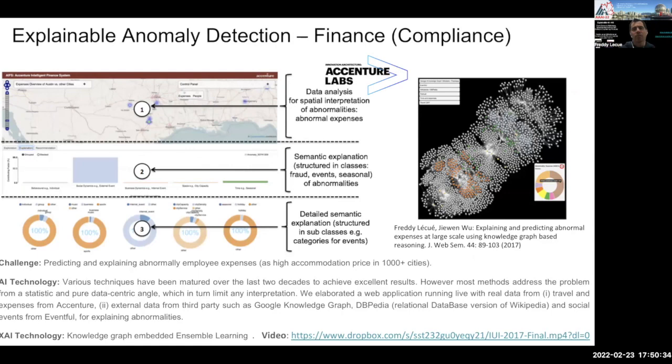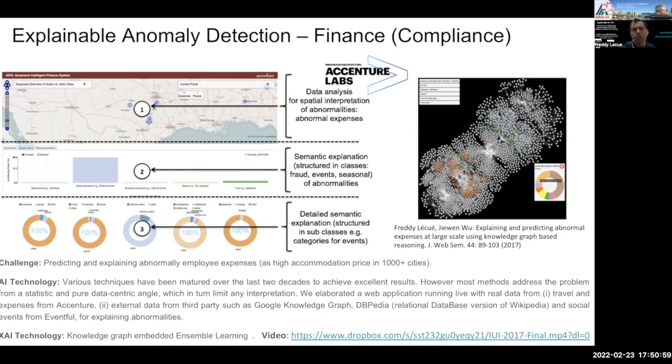Not in the sense of trying to find why that person is claiming so much and maybe committing fraud. It's much more, well, the rationale may be that the number of people going that day is much higher than usual for that kind of size of city, that kind of geography. And that's actually normal behavior.